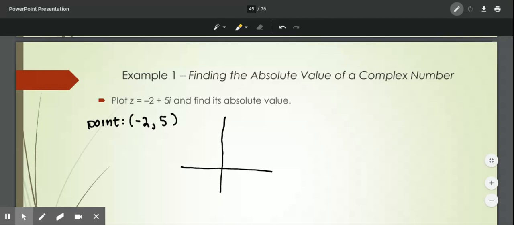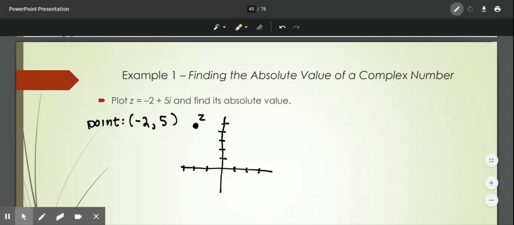So when you plot a complex number, you just plot the point. All right, this would be our complex number up there. So that's the first part. If you draw a line, now all of a sudden you've created something different.